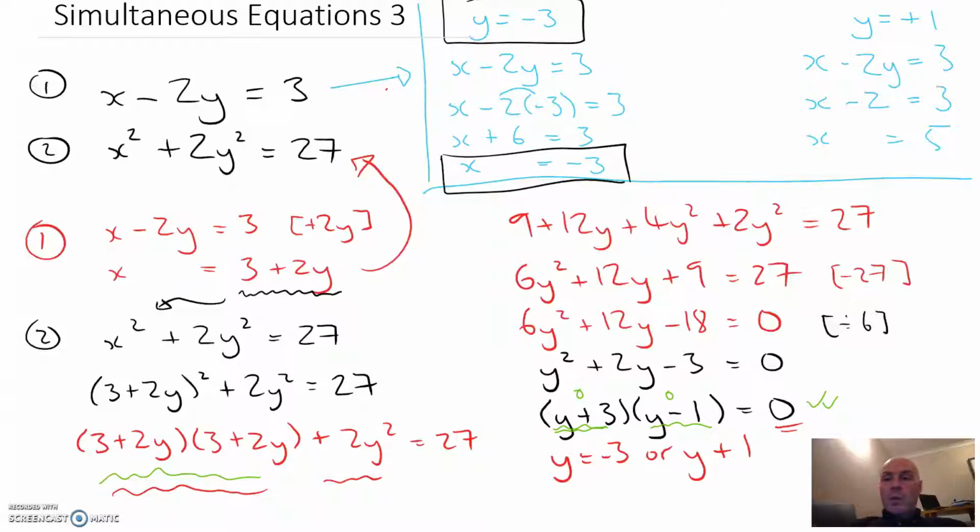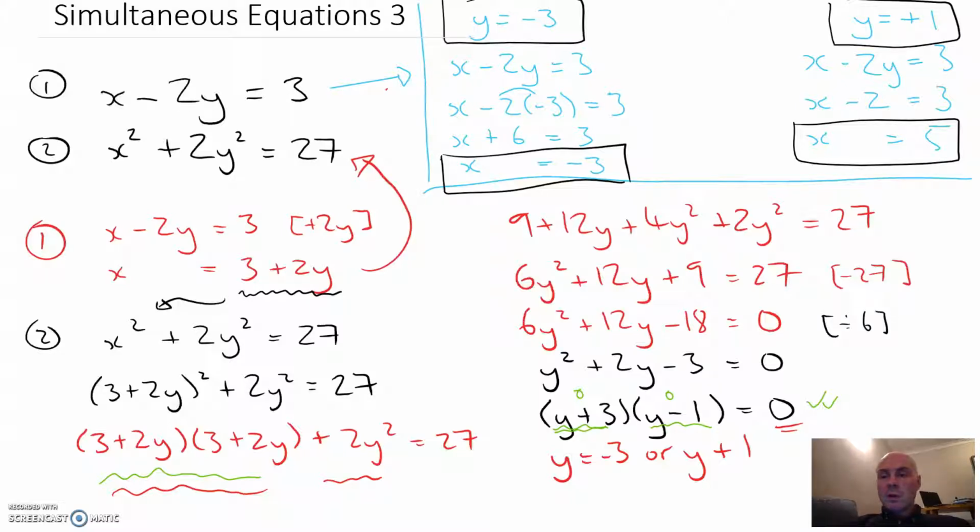So when y is 1, x is 5. So we have two solutions to these simultaneous equations. We've got x equals negative 3, y equals negative 3, and we've got x equals 5, y equals plus 1.